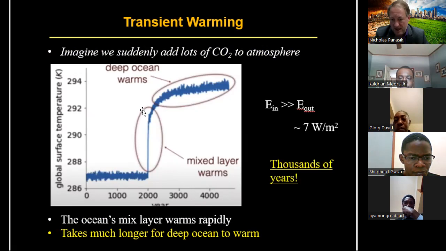And so that takes thousands of years to reach equilibrium. So there can be some fast heating, warming up, and then some slow heating, but eventually, when it stops heating up, that tells us now that our energy in is equal to our energy out, and we don't have to continue to accumulate energy and heat up.